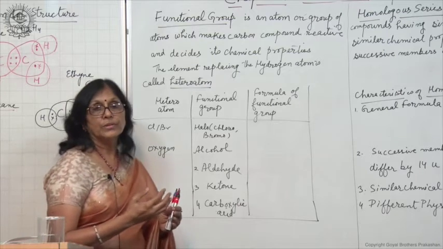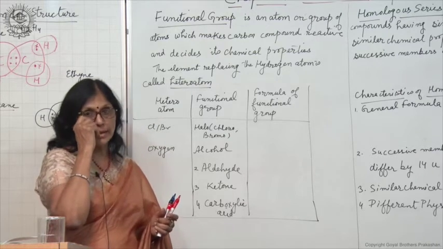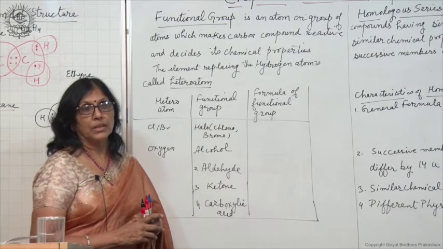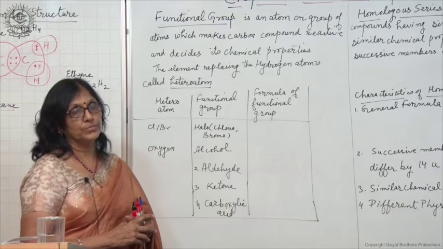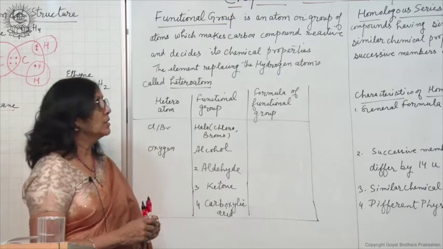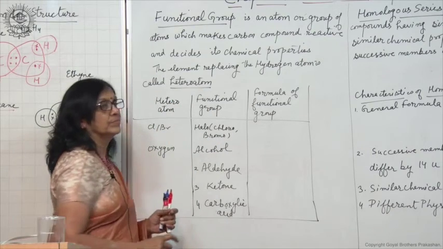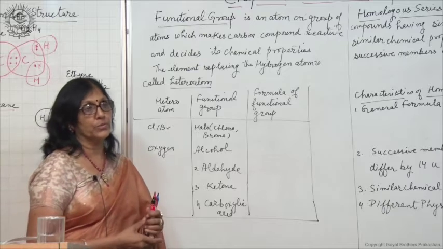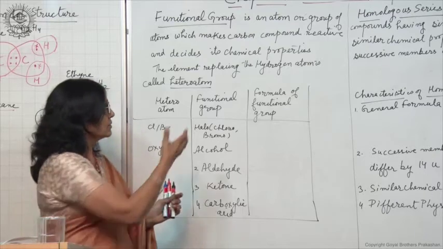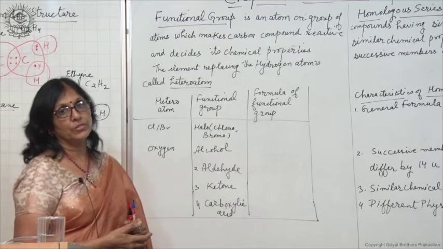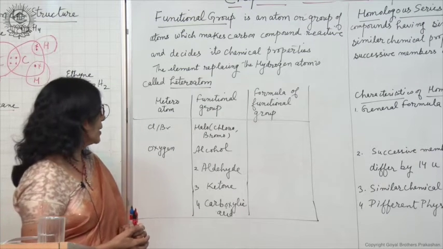The element or a group of atoms replaces the hydrogen atom and takes its place in the carbon compound. The element which replaces the hydrogen atom is called heteroatom. So, let us discuss some of the functional groups, because as in the definition we have seen, it decides the chemical properties of the carbon compound.